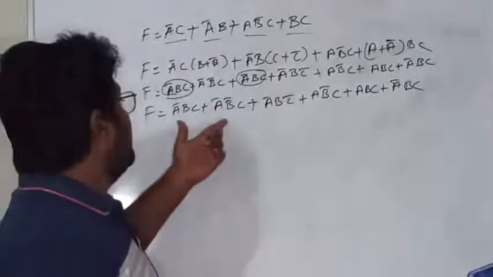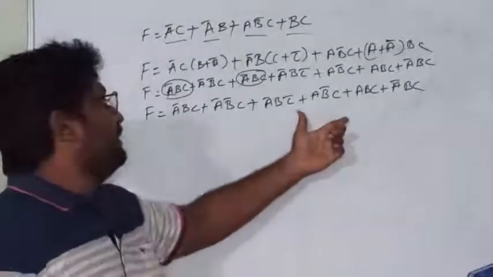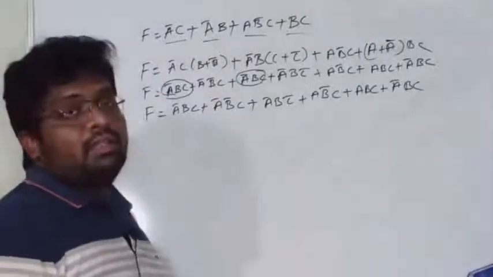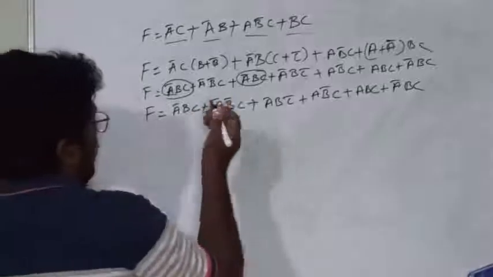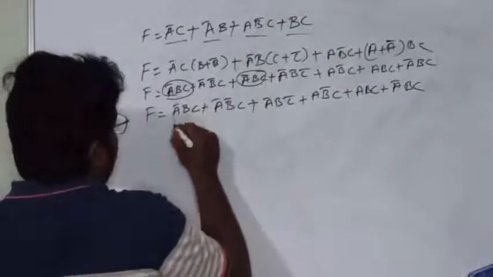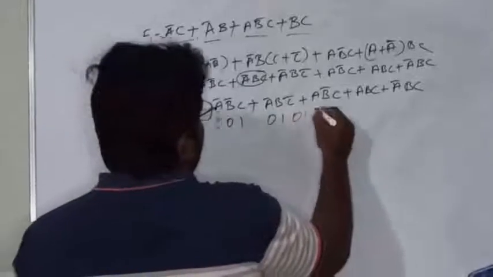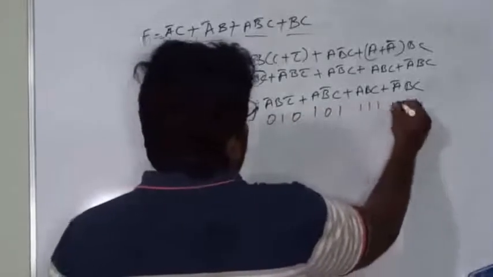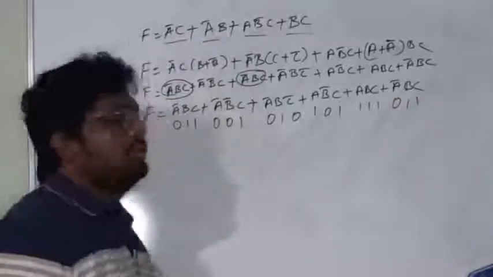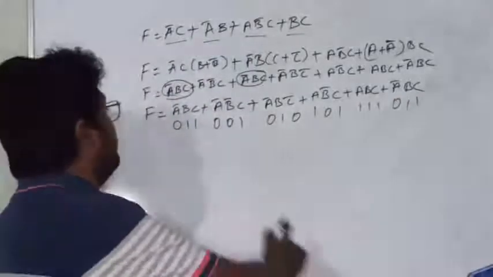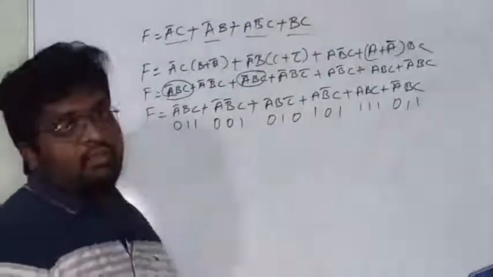So now represent these ABC variables with zeros and ones. On representing, here I am getting 0 1 1, 0 0 1, 0 1 0, 1 0 1, 1 1 1, 0 1 1. So now I got the variables, right?